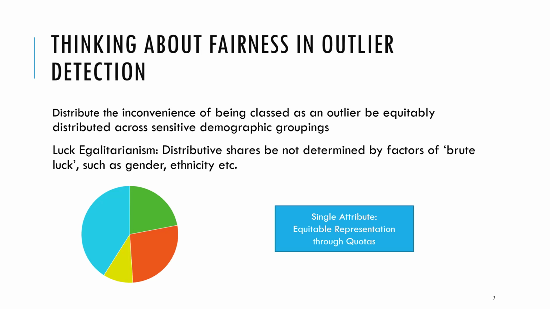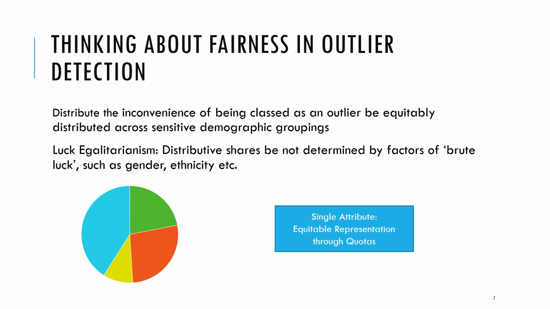So around 450 of those 1,000 individuals should come from the blue ethnicity. So you can set these quotas and gradually fill in these quotas based on the abnormality scores or outlier scores as your algorithm decides. So in the case of a single attribute, you can achieve some equitable representation among the outlier results by using quotas.